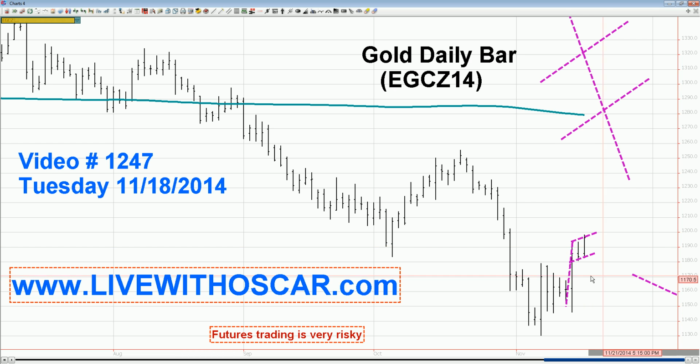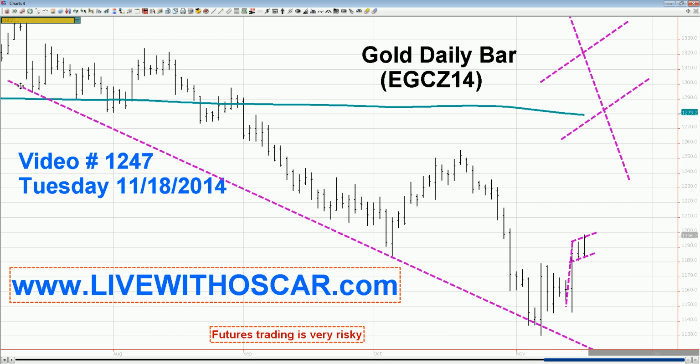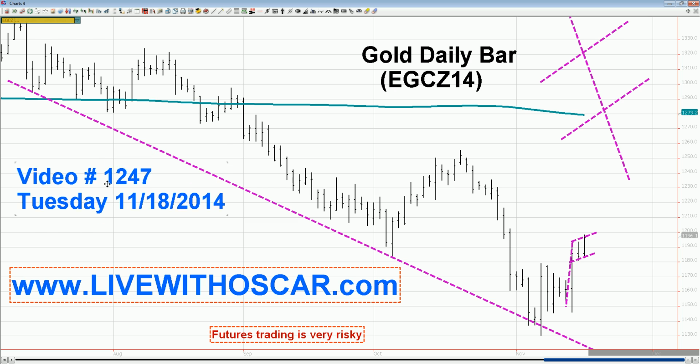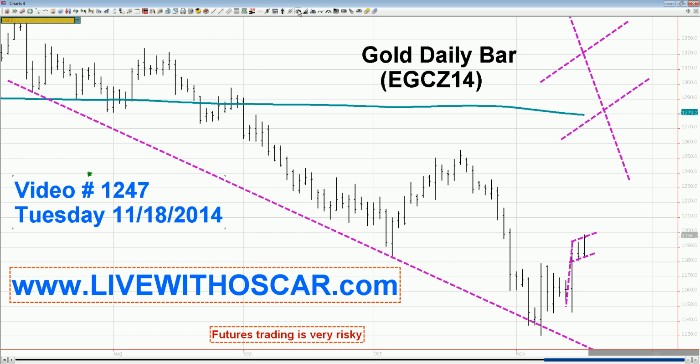Absolutely. And then imagine if we take our imaginations and extend down a little further here and go, ooh, could this possibly be some sort of a bottom action in gold? 1, 2, 3. Well, sure, that's one way to look at it if this bear flag turns out to not be a bear flag.